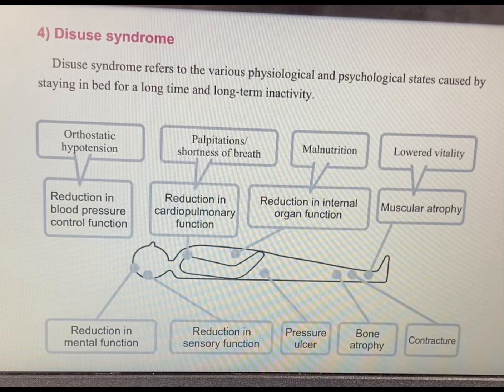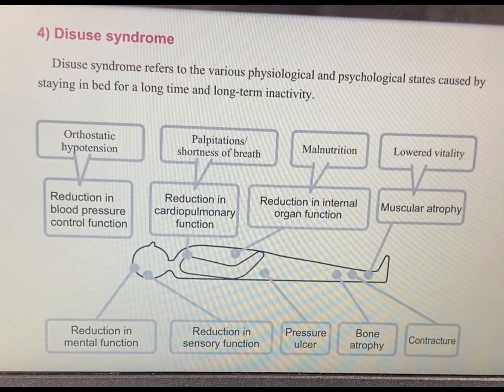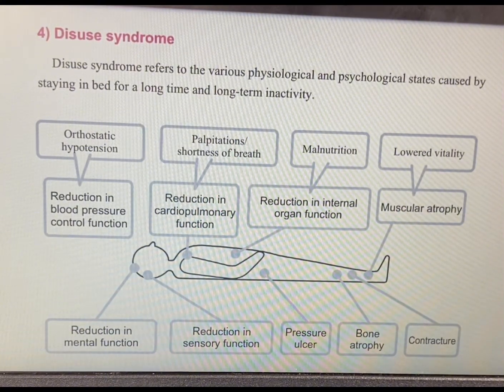Let's see. Reduction in blood pressure control function, it will result in orthostatic hypotension. Bababa po ang blood pressure, kasi wala masyadong movement, walang circulation na nangyayari, or meron naman nangyayari, hindi normal ang blood circulation.